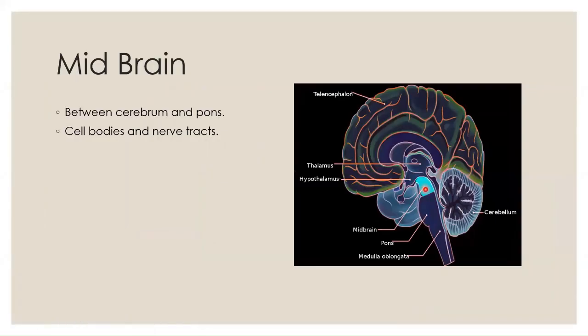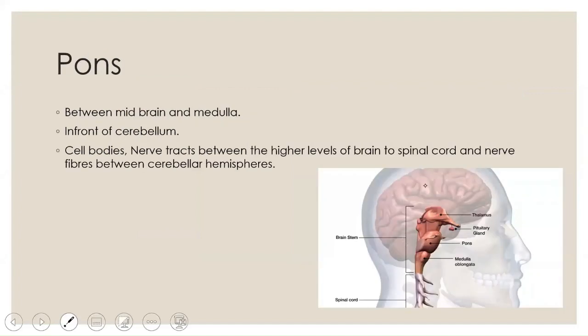Then you have the brain stem. The most superior part is the midbrain. Then you have the pons between the midbrain and the medulla. These parts relay the nerves from the body to the brain. Okay?